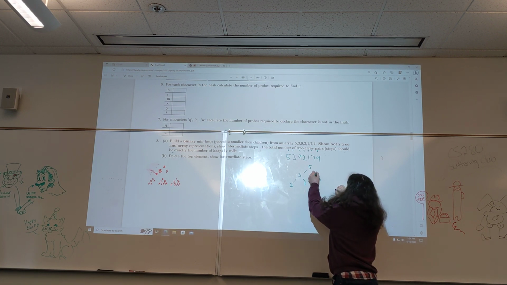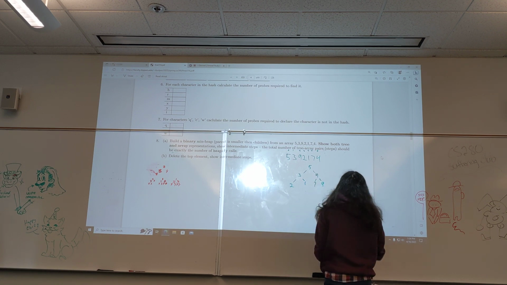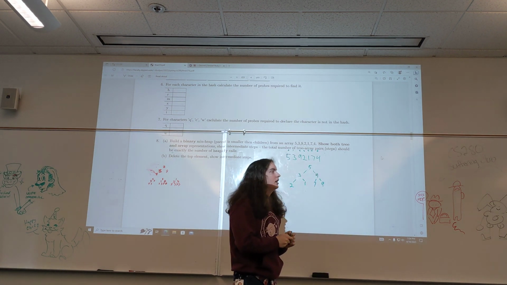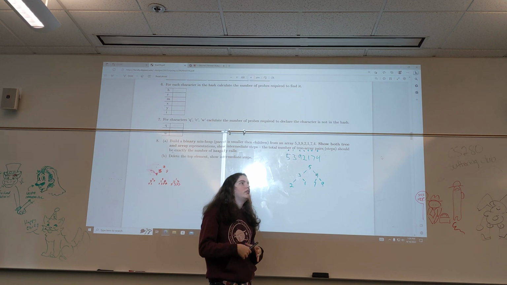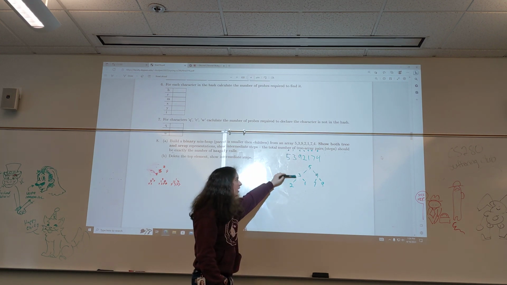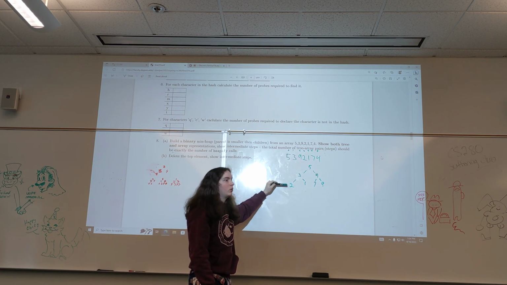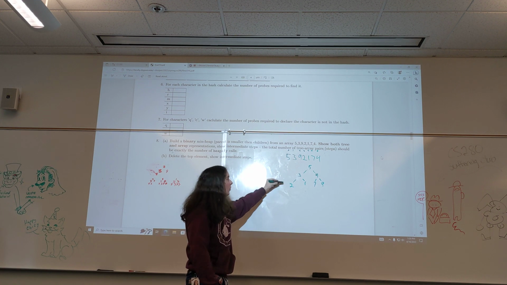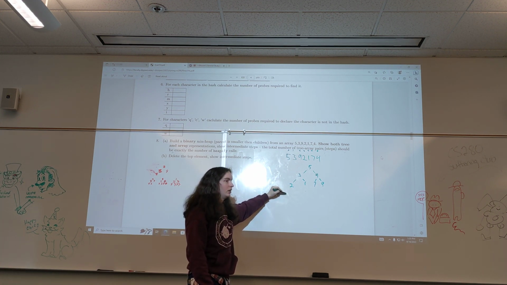Sorry, why did you start at 3? The reason we start at 3 is because if we heapify everything besides the leaves, we never have to heapify the leaves, because they don't have children to swap with.